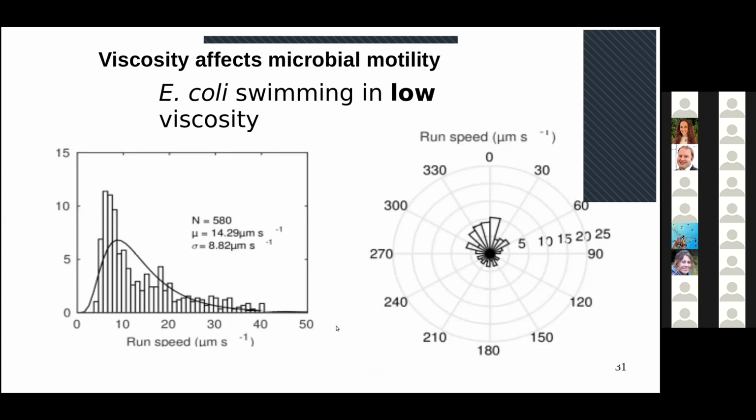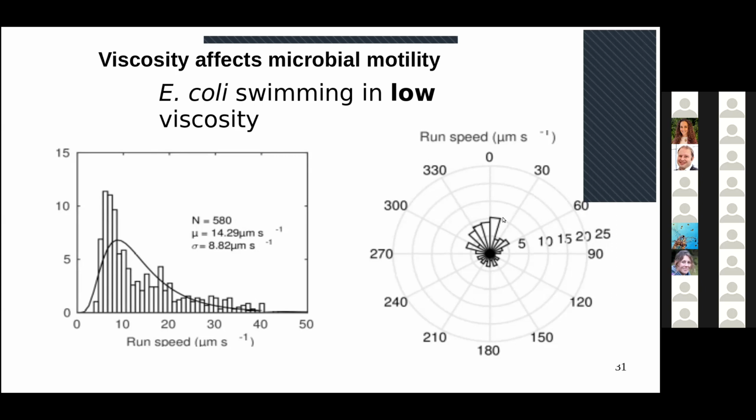This is the histogram of the run speeds, which follows a normal distribution, which is typical of bacteria swimming. And then at the right, we have the distribution of angles of rotation, or tumbling angles.